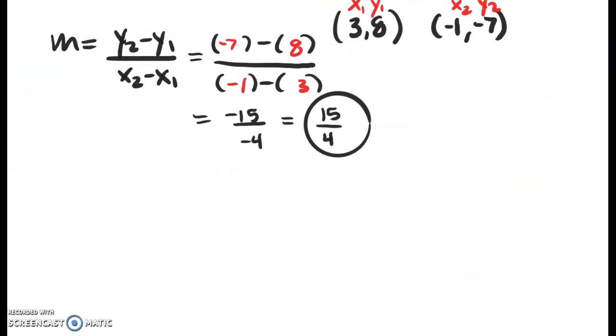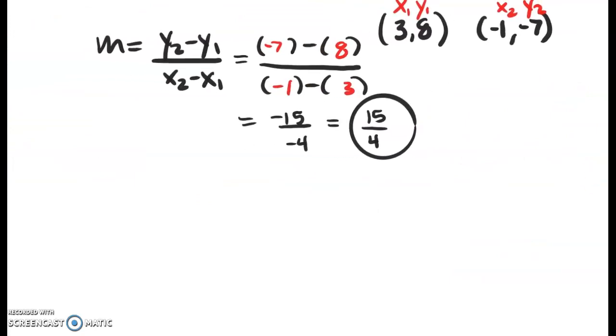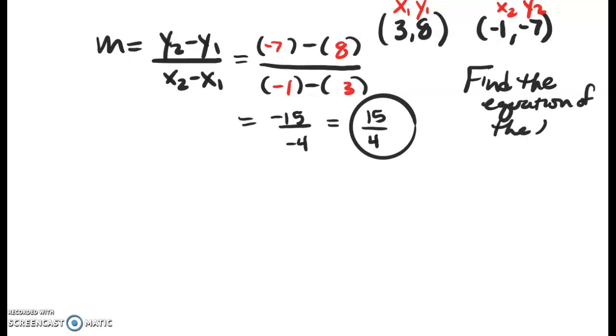What about if we go back to this problem and we say, all right, what if instead it didn't say find the slope, it said find the equation of the line that passes through these 2 points?